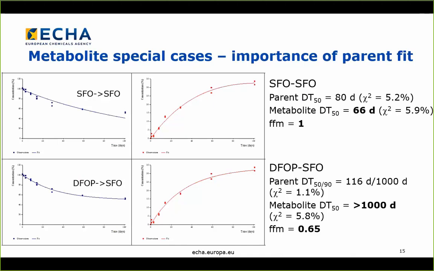So in this phase, your SFO fit isn't quite forming enough metabolite quickly enough, so the model mathematically optimizes your formation fraction to 1. But when you fit the right kinetic model, or a better kinetic model, on the lower figure with default, you can see that the formation fraction is now fitted to a value less than 1.